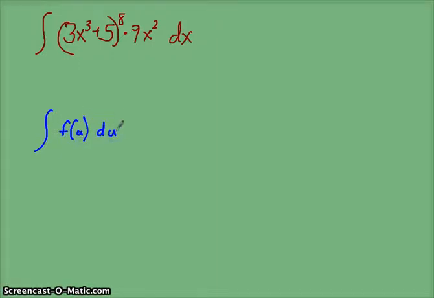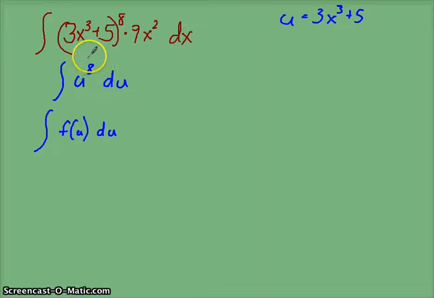du. In this case, we're going to look for the inside function. That's what we're going to call u. So I can think about this. I can say, wait a minute. If I had u to the 8th du, my inside function is 3x cubed plus 5.